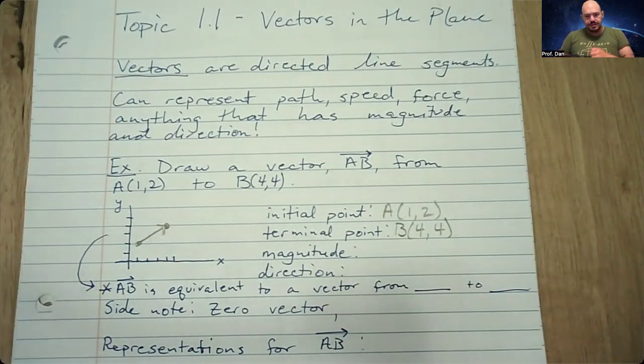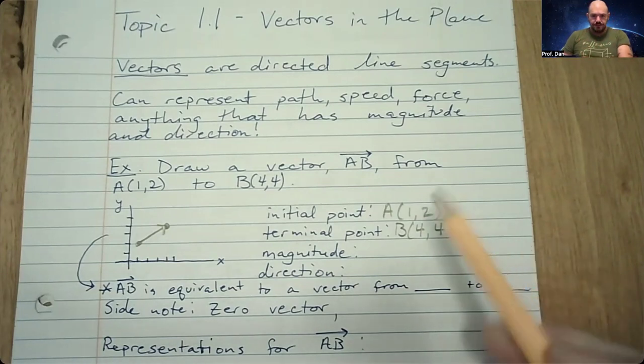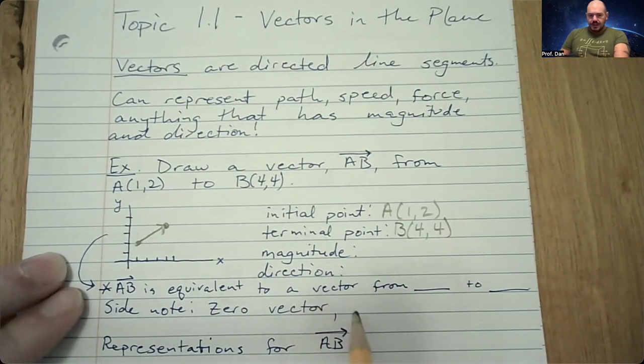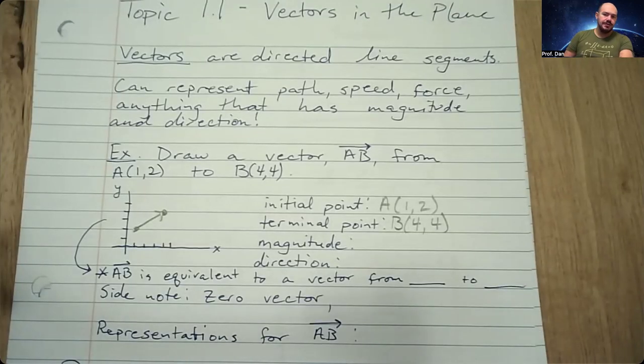Magnitude and direction. So before I get into that, let's think a little bit. Two vectors are said to be equivalent, equal, same, if they have the same magnitude and the same direction.